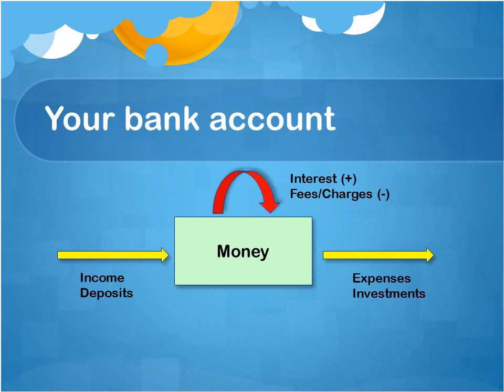Your salary is not really dependent on the amount of money you have in your bank account. But interest and fees and charges, which add to or subtract from the bank account, might be dependent on the amount of money that you have. Now, if you add all these things up, what comes in minus what comes out, then you have an idea of how that bank account quantity variable is changing over time.